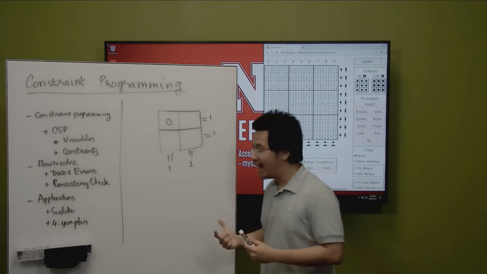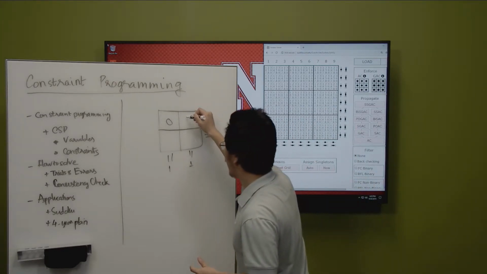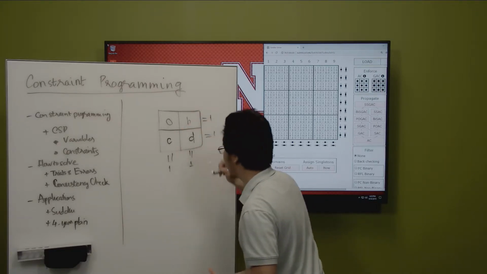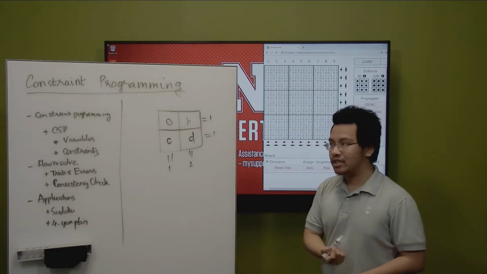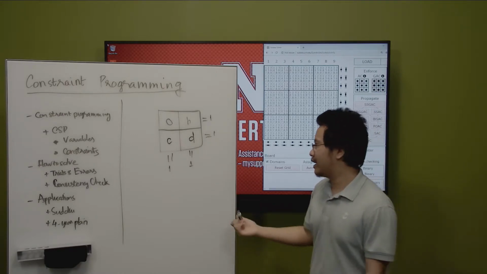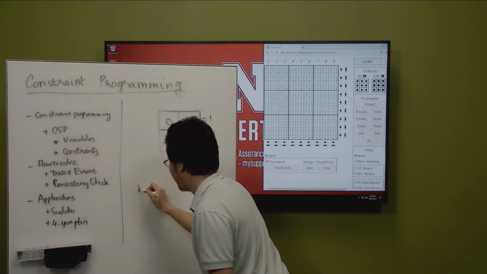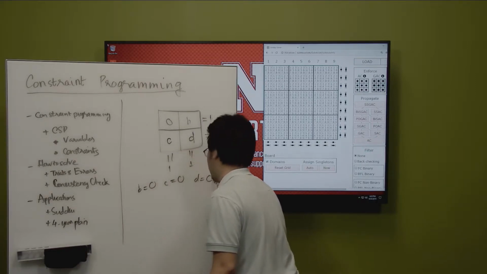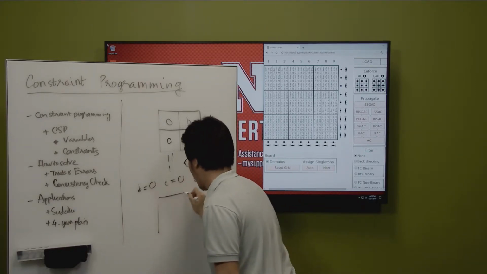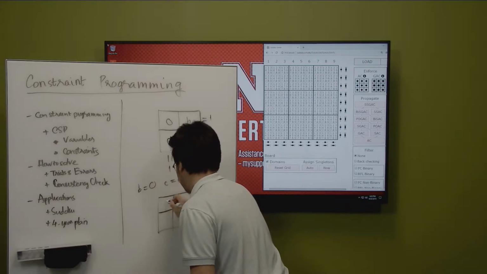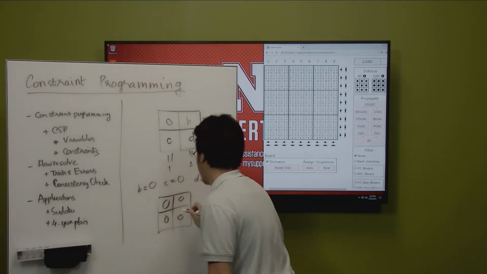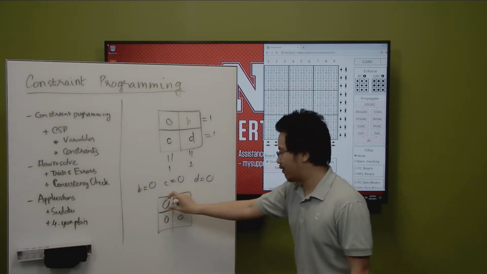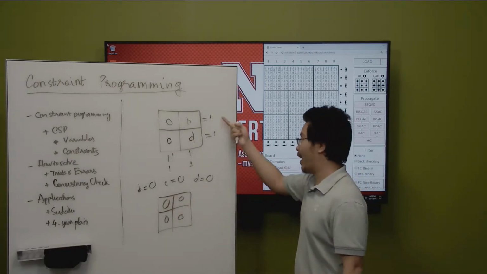For convenience, let's say this cell is called B, this cell is called C, and this cell is called D. Then we can try our first combination. Let's say B equals 0, C equals 0, and D equals 0. The square will become 0, 0, 0, 0. Is it a solution? No, because the sum of the first row is 0, not 1.